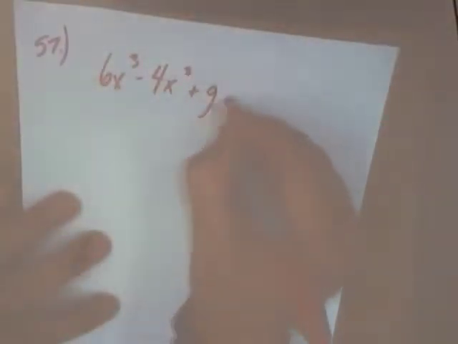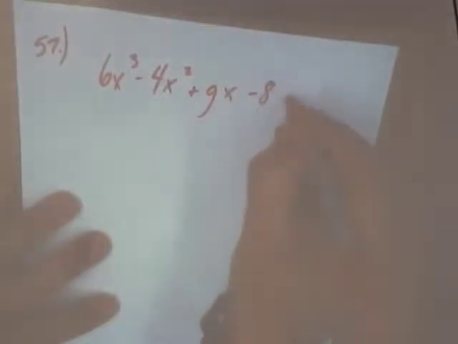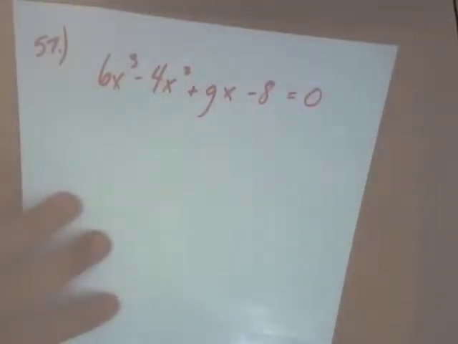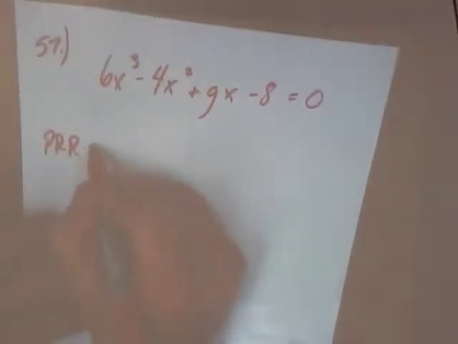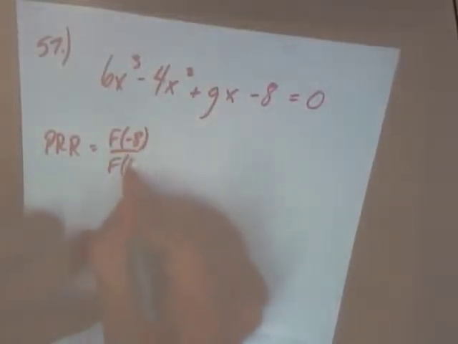Okay, which is not a possible rational root of the equation 6x to the third minus 4x squared plus 9x minus 8 equals 0? Possible rational roots are factors of negative 8 or 8 over the factors of 6.